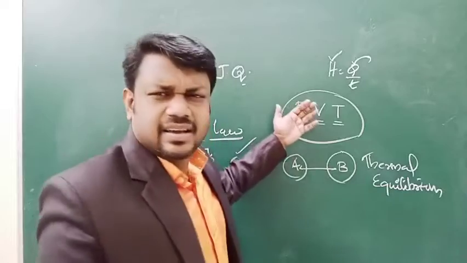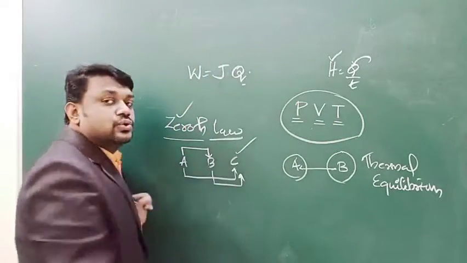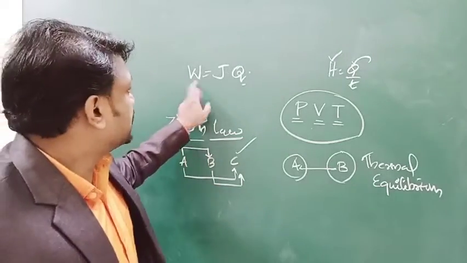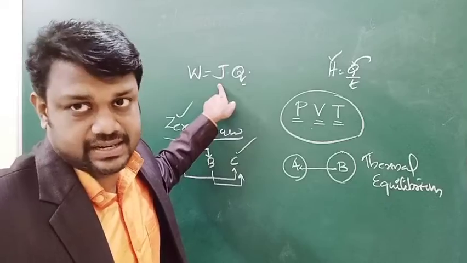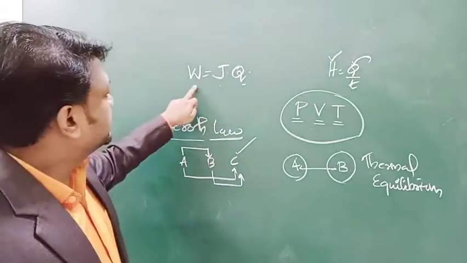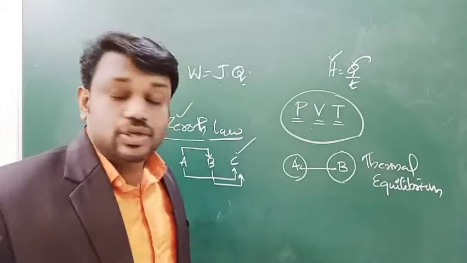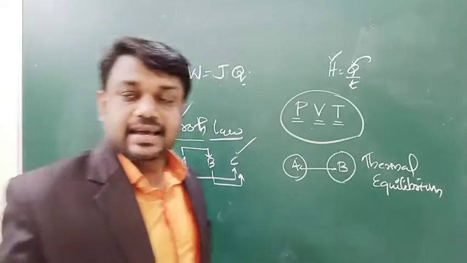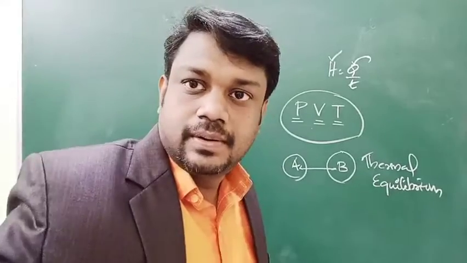Different notations we can find, that is all. So W is equal to J into Q, where W is the work, Q is the heat, and J is Joule's constant. Work is measured in joules and Q, the energy, is measured in calories.